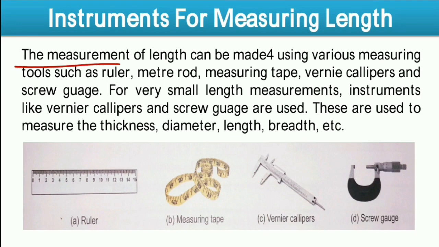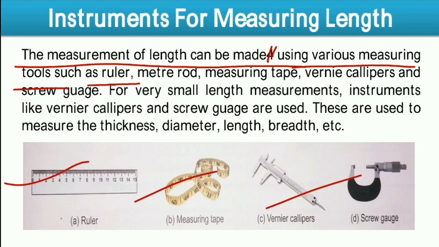So the measurement of length can be made using various measuring tools. Ruler, meter rod. What is a meter rod? If you go to purchase unstitched cloth and tell the shopkeeper how much length in meters is required, you must have noticed that the shopkeeper measures either with a measuring tape or with one rod.